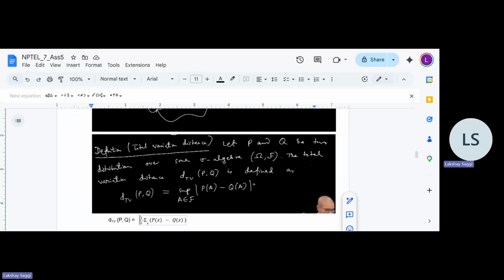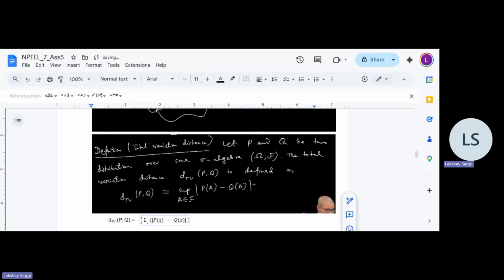And one can actually prove that this is equal to half times the summation over all possible values which this x can take. So total variation distance is nothing but half times the summation over x of the modulus of p of x minus q of x.